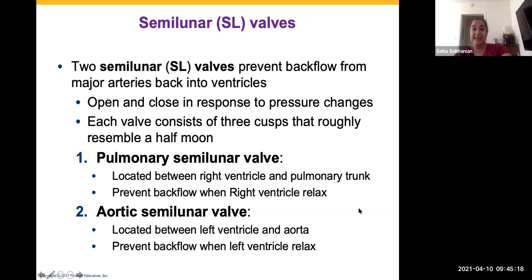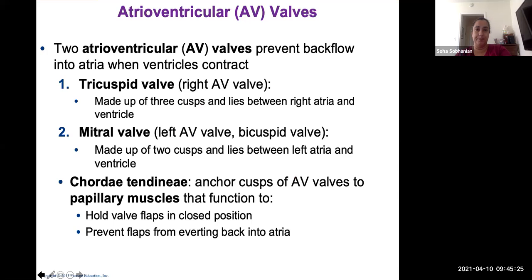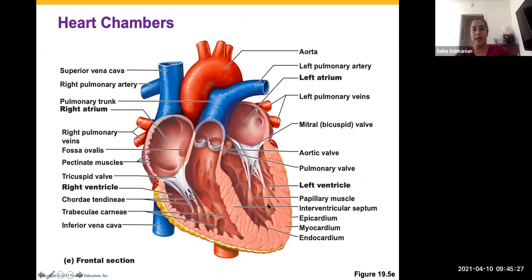The correct answer is your aorta. If you go back to the picture, here is the heart and here is my left ventricle. The left ventricle carries oxygenated blood, which goes through your aorta to get that oxygenated blood to your body.